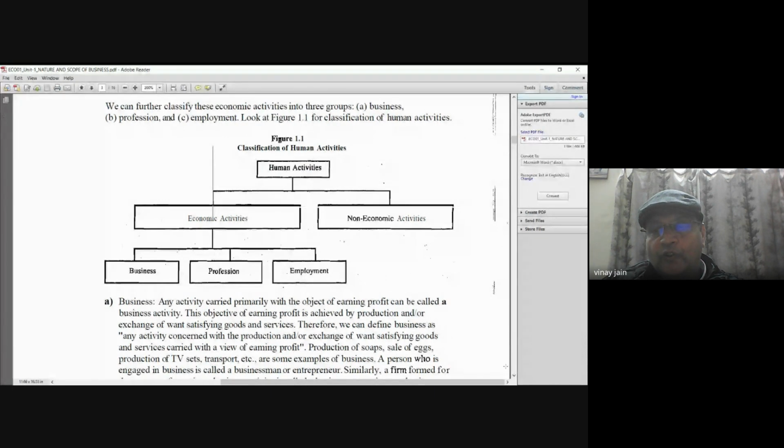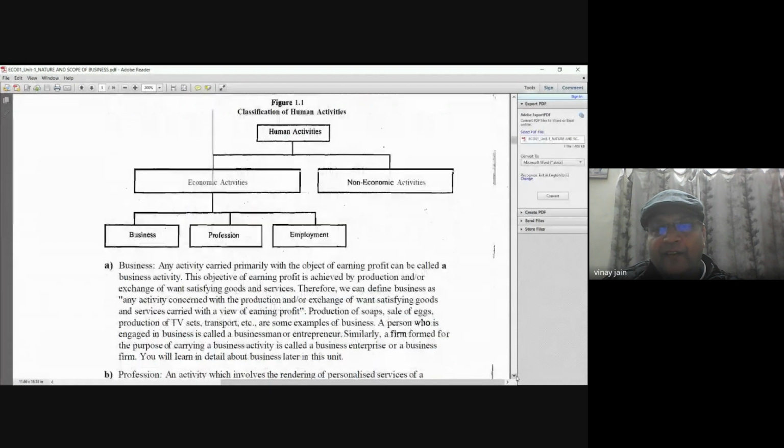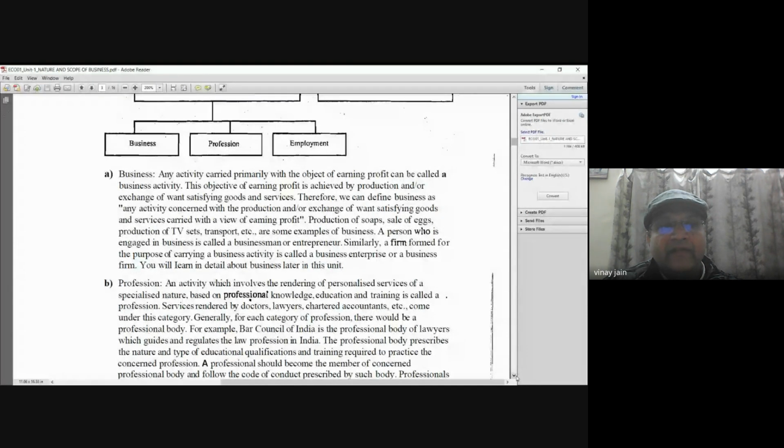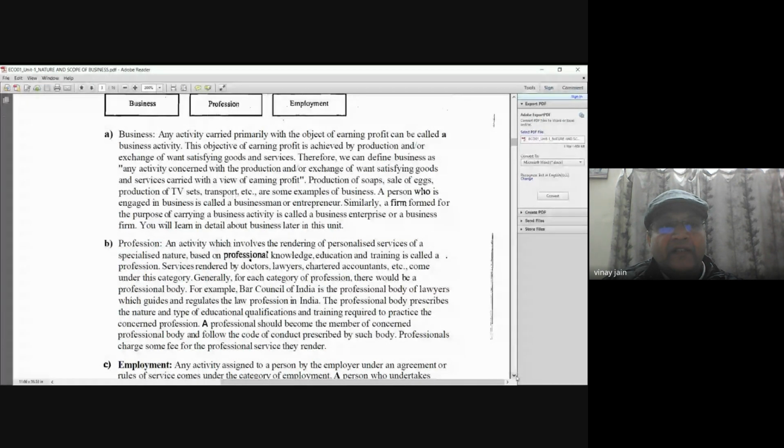So those who are waiting to understand business, it comes under economic activity, and under economic activity we have business, profession, and employment. So what is business? Any activity carried on primarily with the object of earning profit.